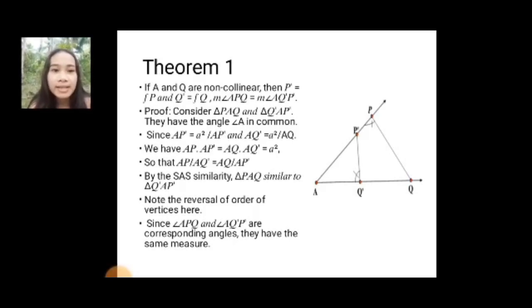So by the SAS similarity, or let's say side-angle-side, triangle PAQ is similar to triangle Q prime A P prime. Note the reversal of order of vertices here. Since angle APQ and angle AQ prime P prime are corresponding angles, they have the same measure.